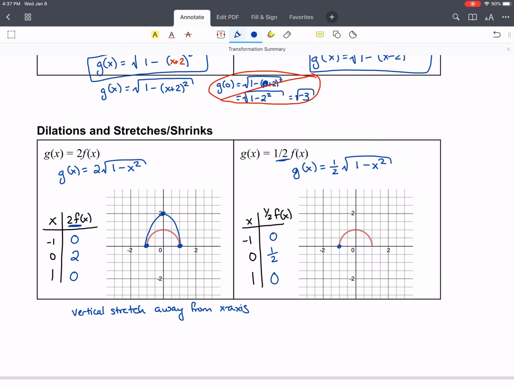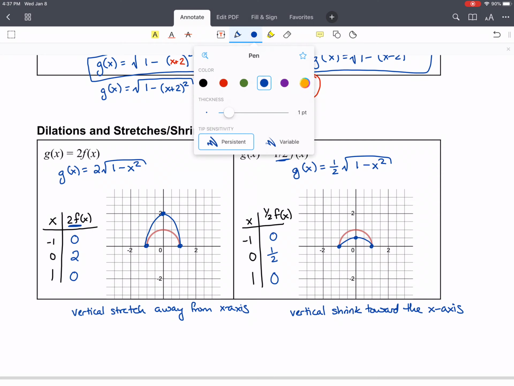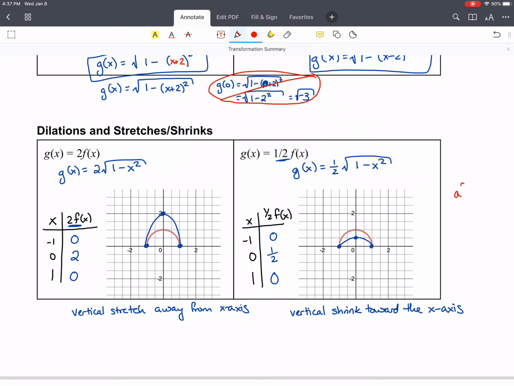So we get 0, 1/2, 0 for the inputs of -1, 0, and 1. And you see that I have a vertical shrink towards the x-axis. Again, you notice these transformations are affecting the outputs, f of x, and they are vertical transformations.